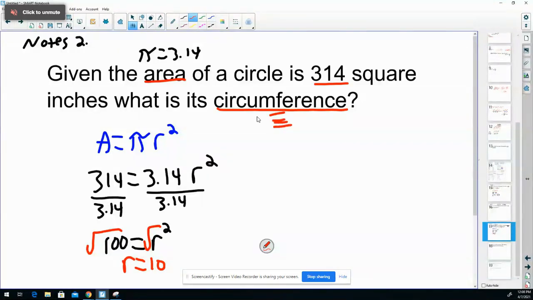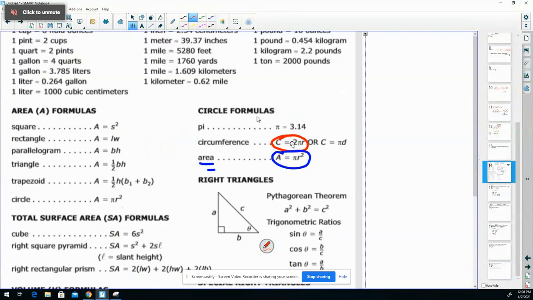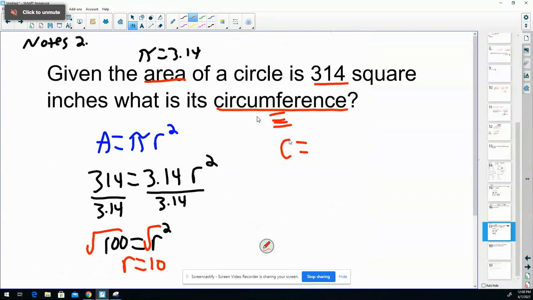Now we're going to find our circumference. So we're going to go back and use that circumference formula. C equals 2 pi r, because we know the radius. That's why we're not using the pi d one. So we have C equals 2 times 3.14 times 10.